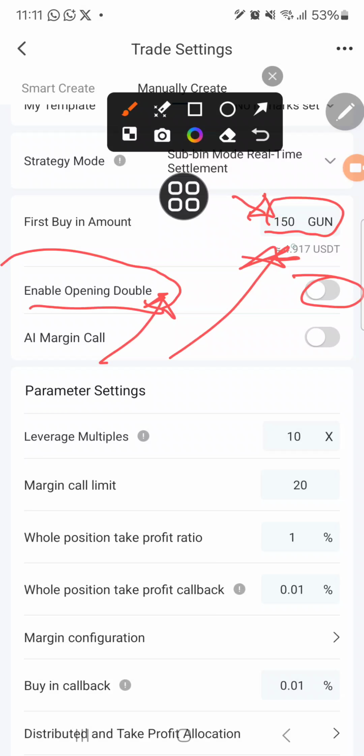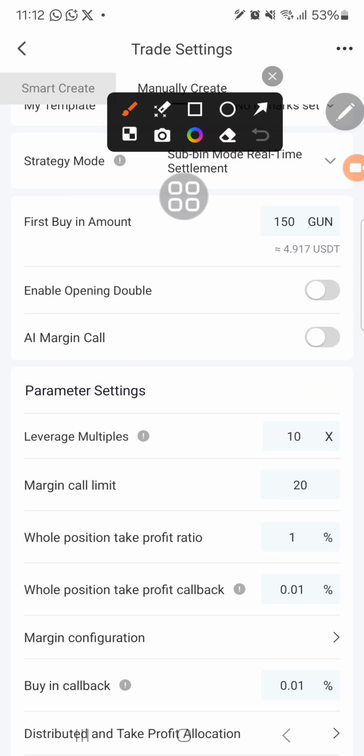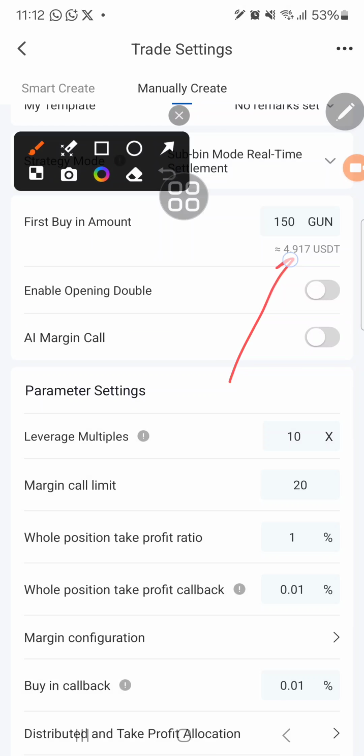Now you are going to be doubling. For instance, if you choose to trade with $4.9, let's say without leverage, the subsequent buys are going to be 4.917 times 2.